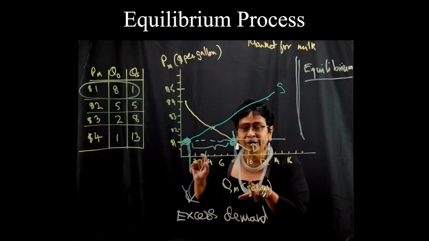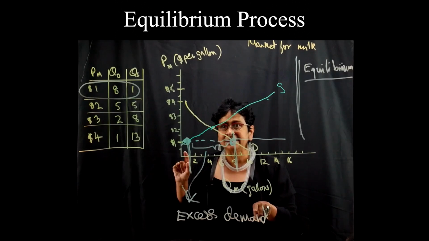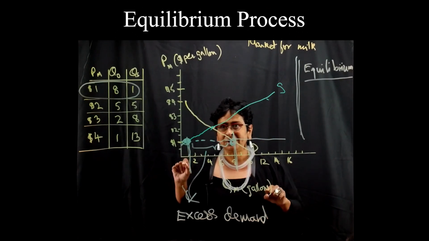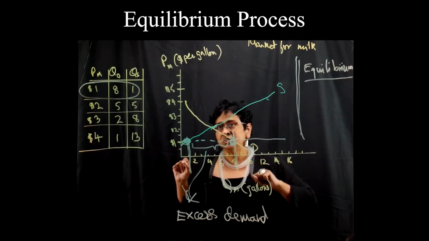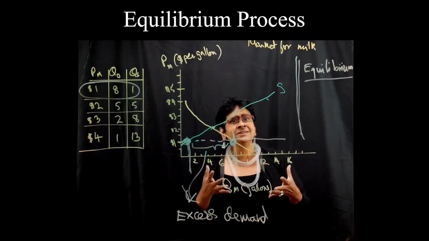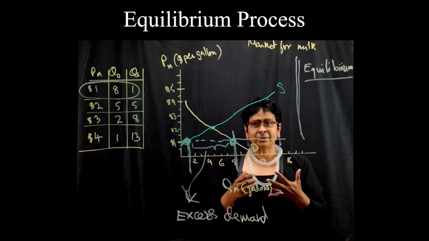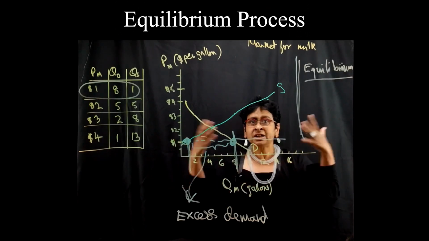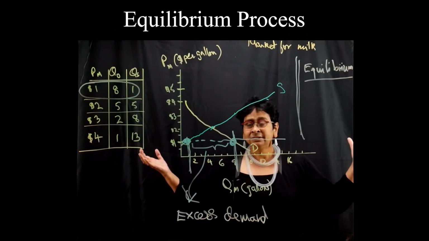But right now, because there is excess demand, somebody's decisions are not being met. I know things are going to change. So let's take a look at what happens. When there is excess demand, the goods are flying off the shelves, right?